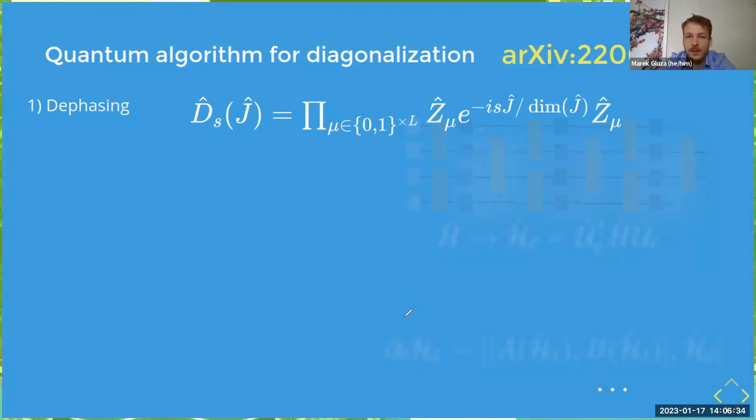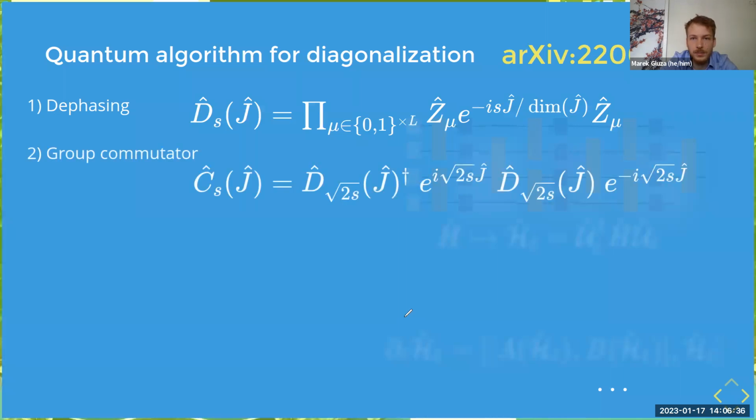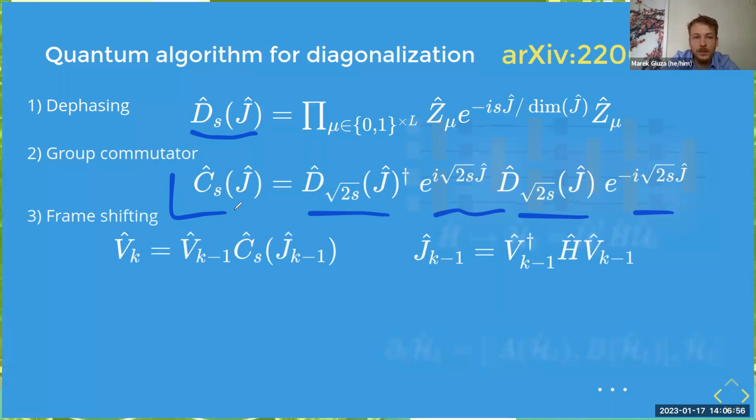That was this dephasing that I was explaining in the middle of this presentation. Then those approximations to the evolution under the restricted diagonal of the generator, we use those approximations D, and we interlace them with the evolution here. That gives us an approximation to the evolution under the group commutator. And then we keep repeating that recursively.